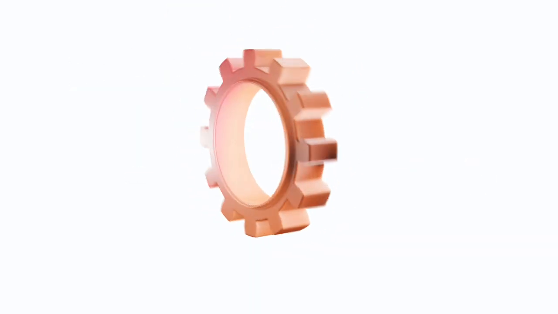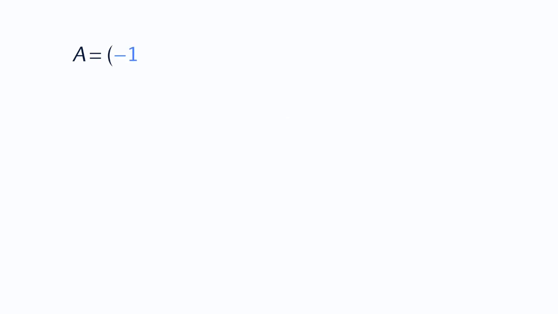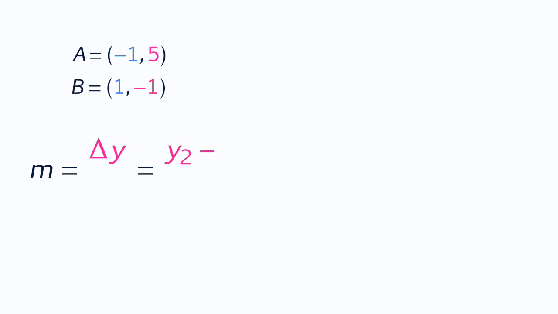You have 2 points, A at -1, 5, and B at 1, -1, both of which are on the graph of a linear function. Let's bring back the formula. m equals the delta y, y2 minus y1, divided by the delta x, x2 minus x1.